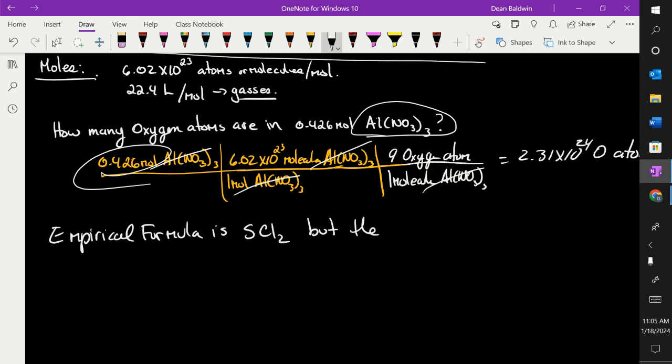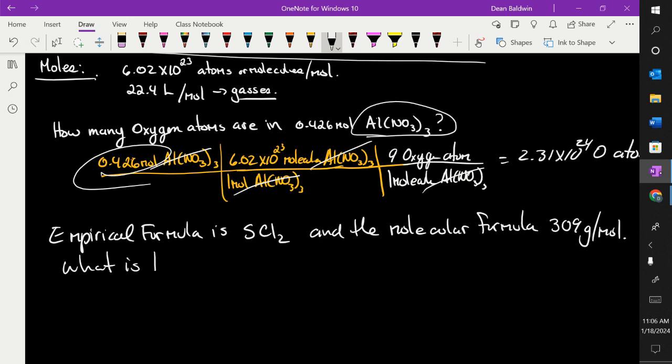But I should say, and the molecular formula has a molar mass of 309 grams per mole. What is the molecular formula?